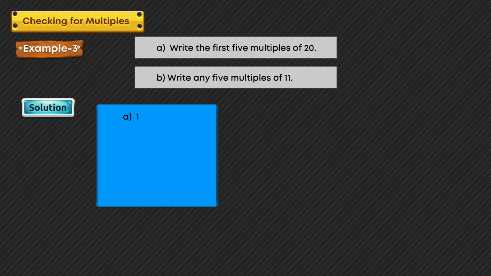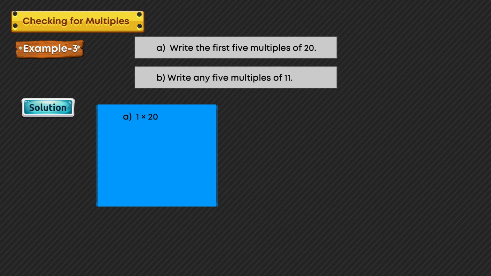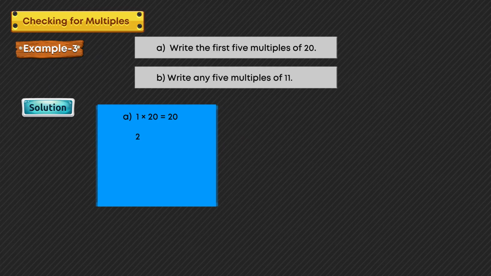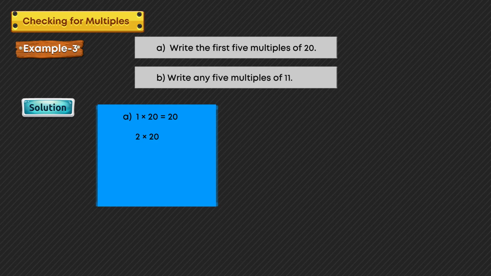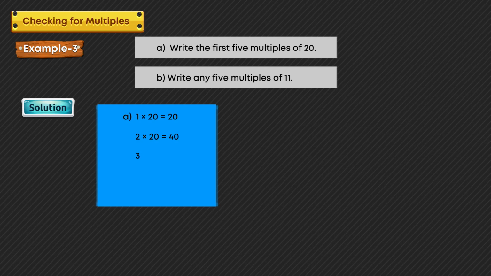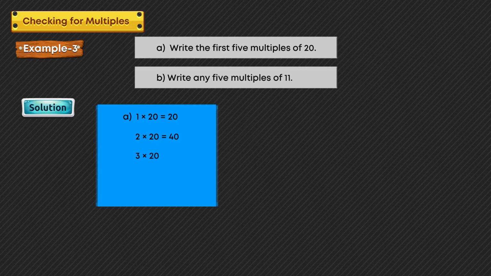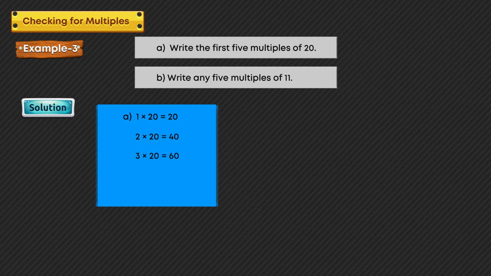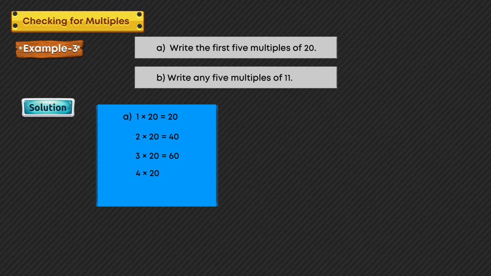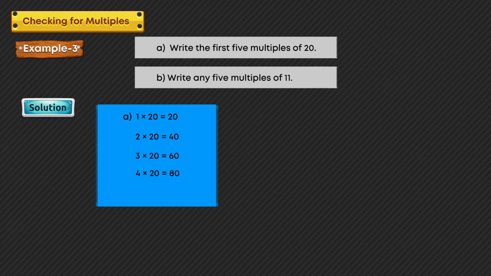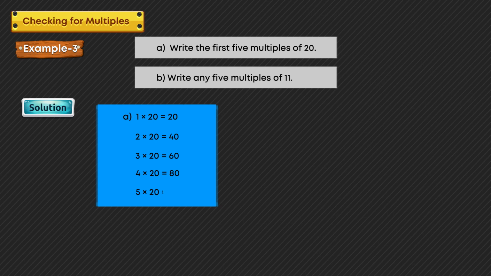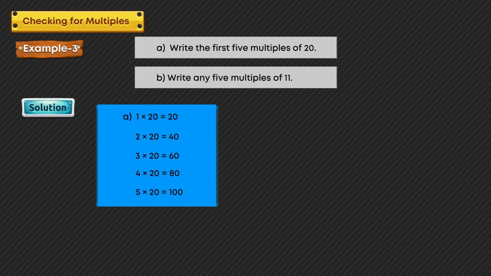A. 1 into 20 is equal to 20. 2 into 20 is equal to 40. 3 into 20 is equal to 60. 4 into 20 is equal to 80. 5 into 20 is equal to 100.